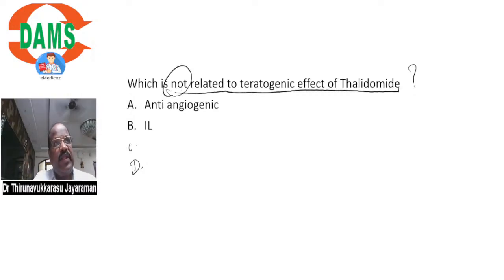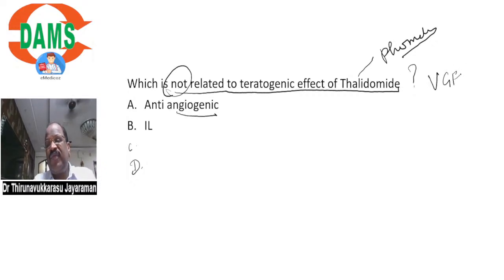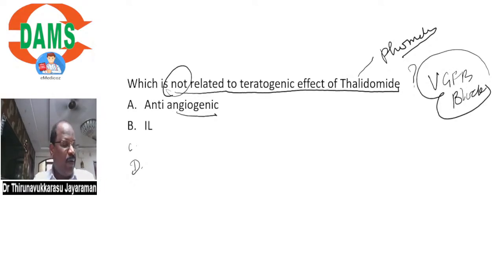See, actually it causes phocomelia, mainly due to antagonistic action on angiogenesis. It's a VEGFR blocker, so because of blocking vascular growth factor, angio... okay, one more option, interleukin 2, interleukin 5.